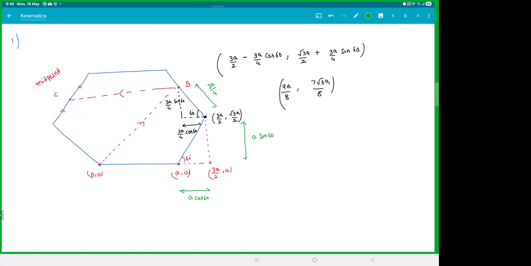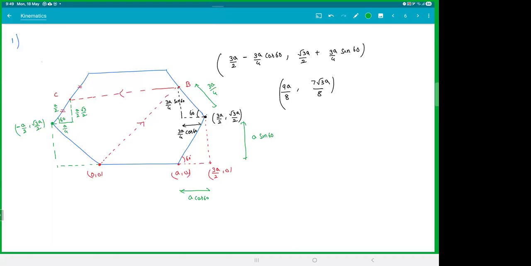This is luckily the midpoint, so I can go backward. I can do the same argument here. This coordinates will be minus a by 2, comma root 3a by 2. This would be 60 degrees and this would be a by 2. So C's coordinates would be, this would be a by 4 and this would be a by 2 sin 60. Yeah, numbers are a little bad, but yeah, can be done.